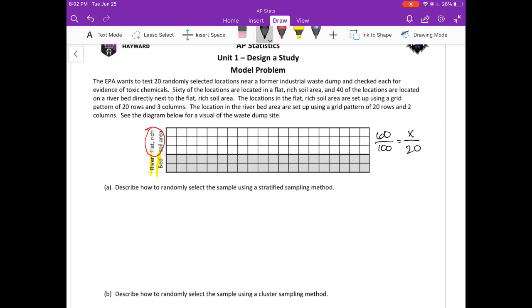Okay, so if we were to cross multiply, we get 100x is equal to 1200. X is equal to 1200 over 100, which is equal to 12. That means that we need to pick 12 plots from the flat, rich soil.